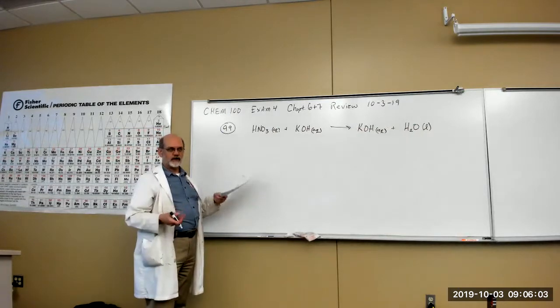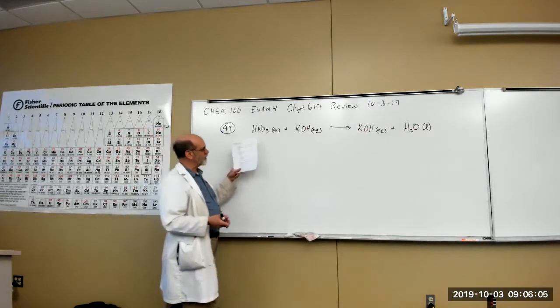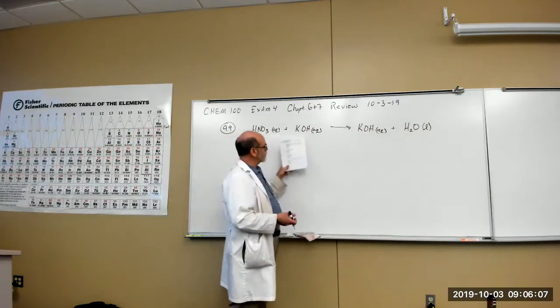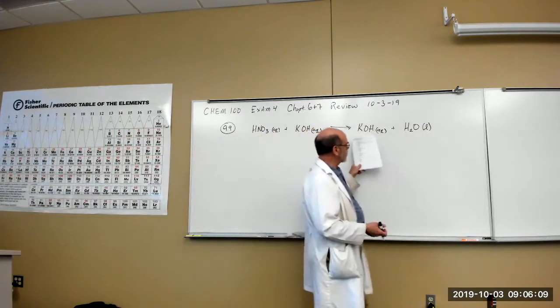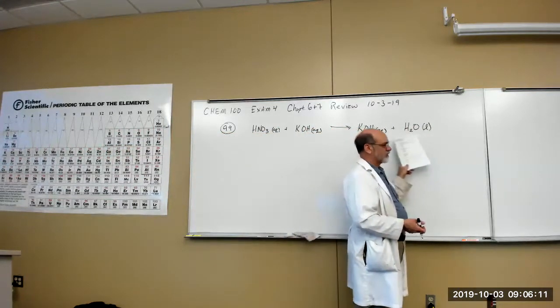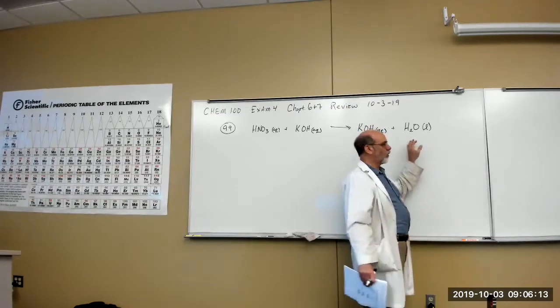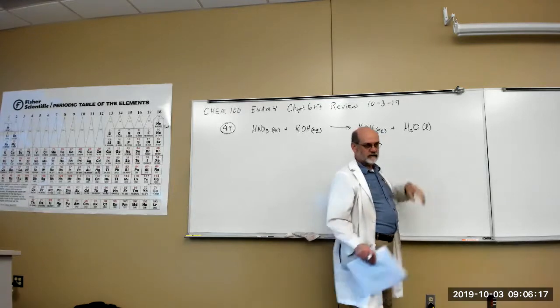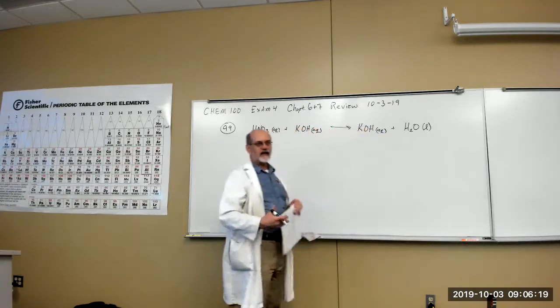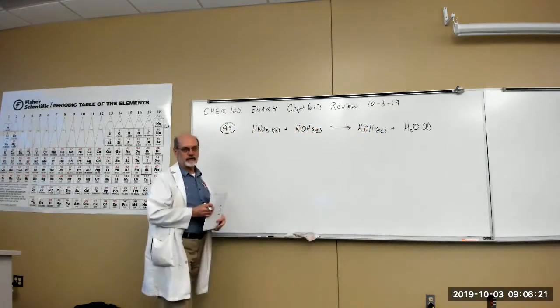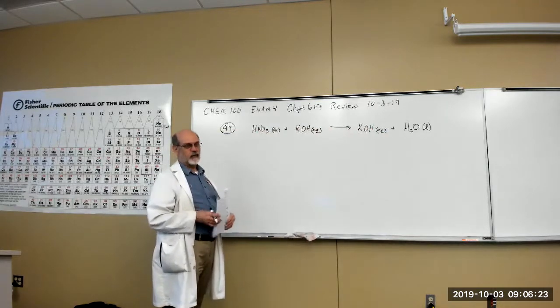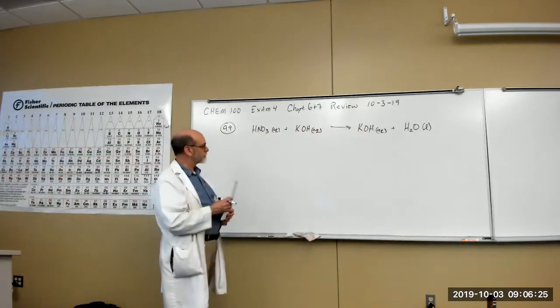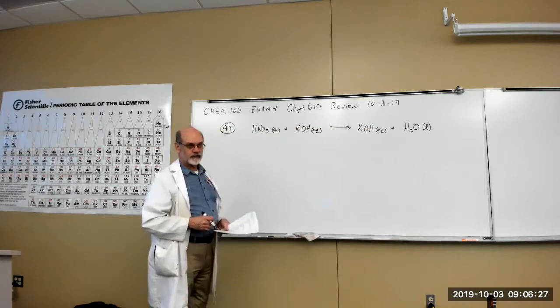So it's not really a clue. But for this type of reaction, we've got an aqueous solution yields an aqueous solution plus the formation of water. If you form water in a reaction, that drives a reaction. But it's not technically a clue because you can't see it being produced. Okay, that's why it wasn't in that question. But that is a driving force for this reaction.